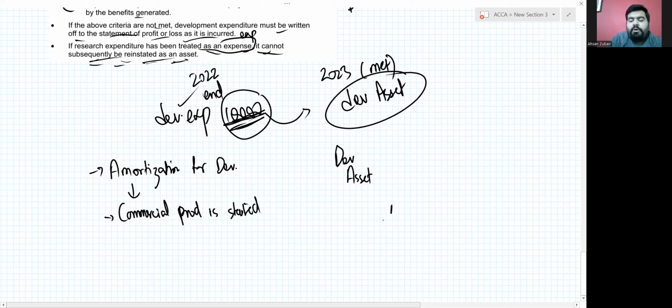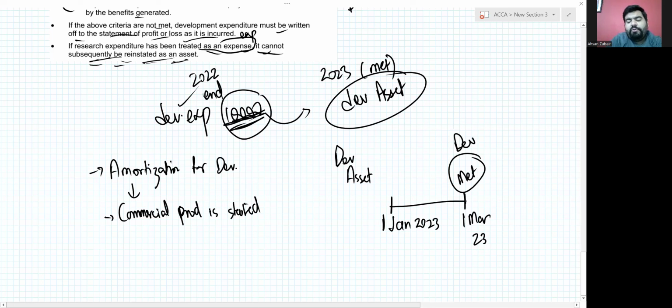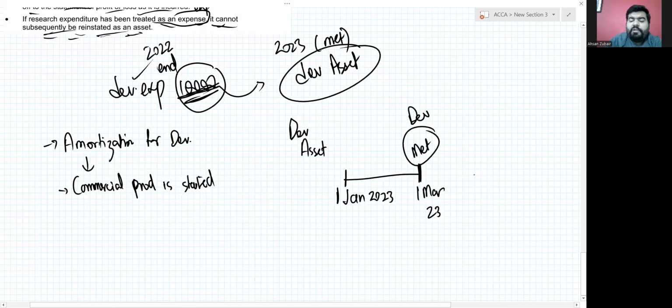Let me explain according to a timeline. For example, on 1st January 23 the year started, and on 1st March 23 your development criteria is met, and you have to classify it as an asset, obviously. But after 6 months, on 1st September 23, you have started commercial production.